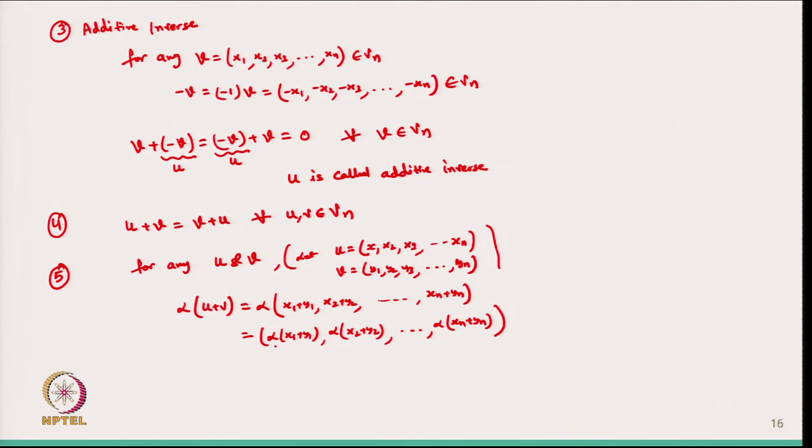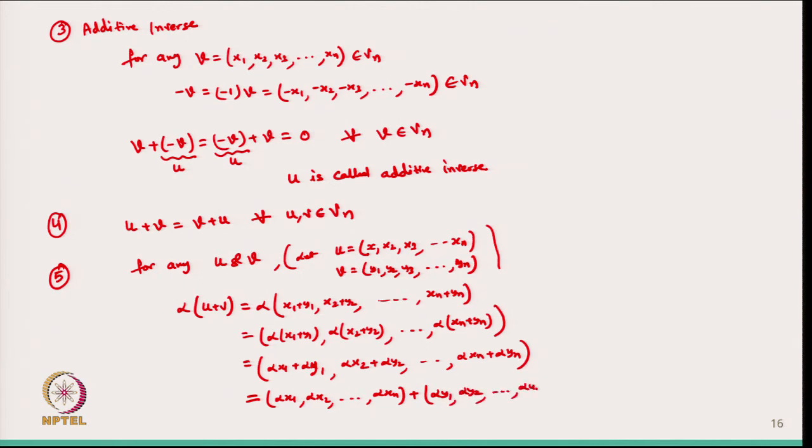Now these are all real numbers, and in the real numbers I know that we can write this as alpha x1 plus alpha y1, alpha x2 plus alpha y2, up to alpha xn plus alpha yn.